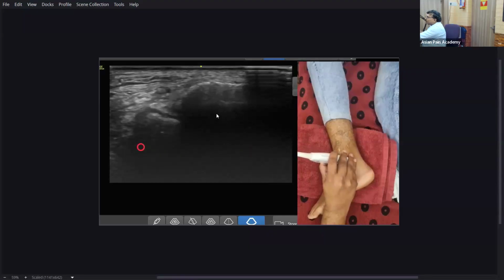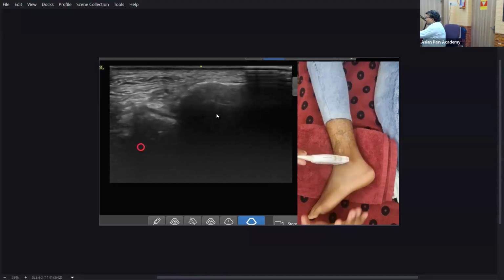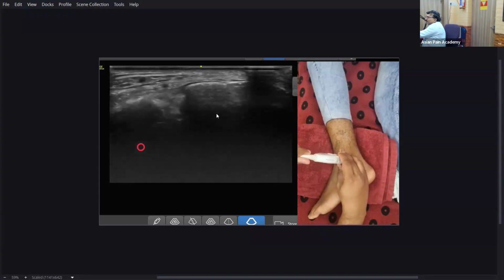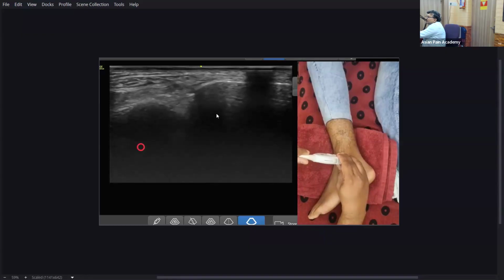Now I am doing a little trick here. I am keeping the fibular point intact and fanning the probe slightly over, so that we start seeing which bone? Tibia again. For this volunteer, the size is very small because the leg is also very small.